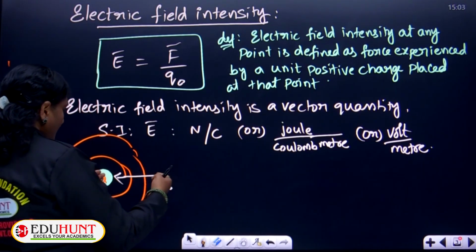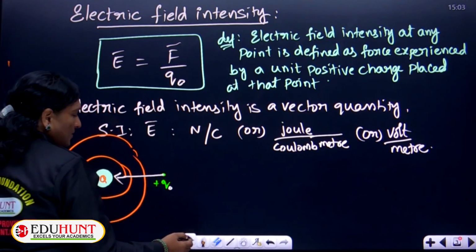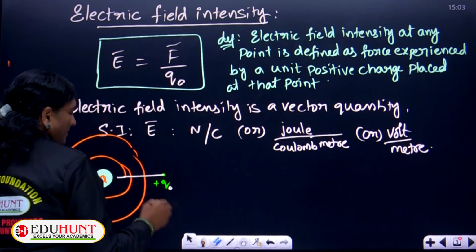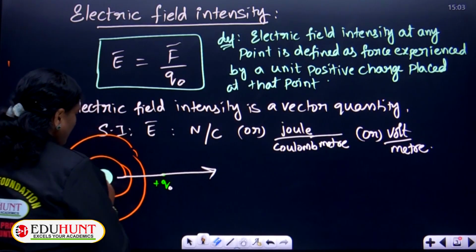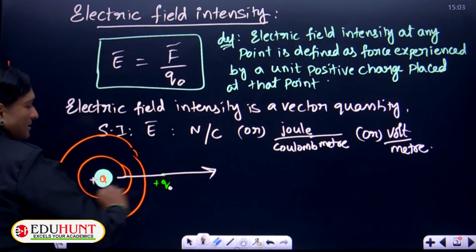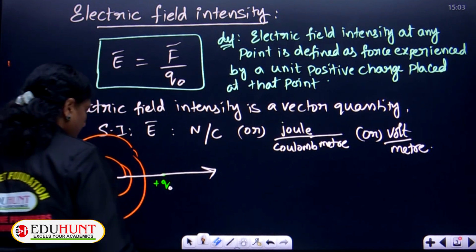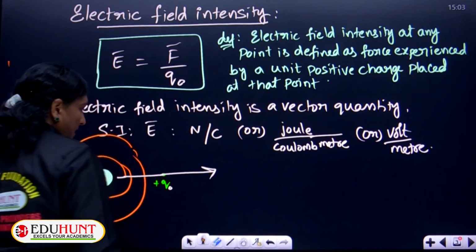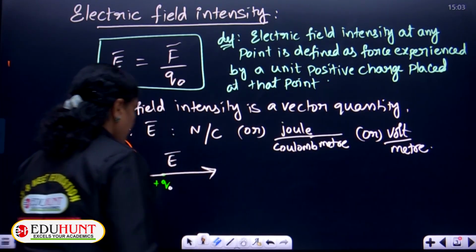If you consider a positive charge, repulsion takes place, whereas if you consider a negative charge, attraction takes place. If both are positive charges, repulsion will take place. Same thing, if both are opposite charges, then attraction may take place. So, this is the direction of your electric field intensity.